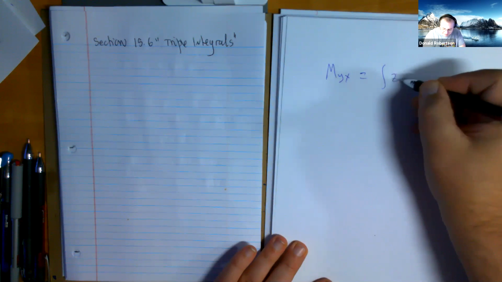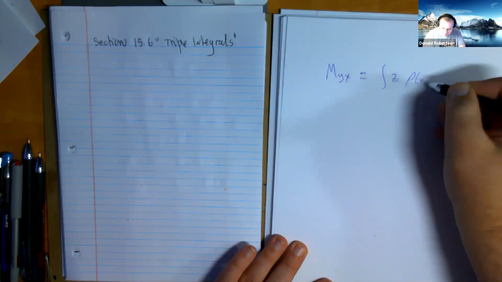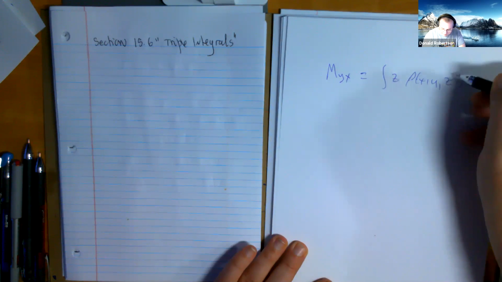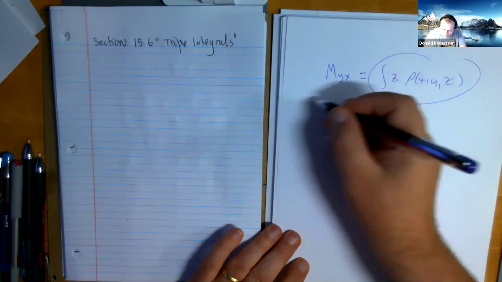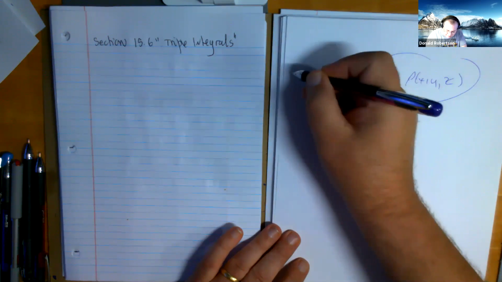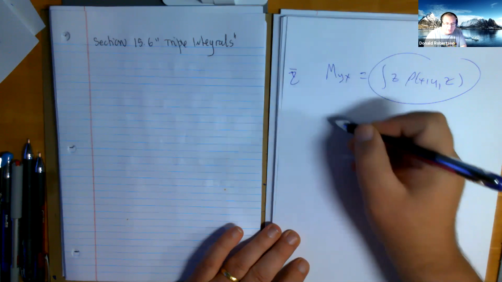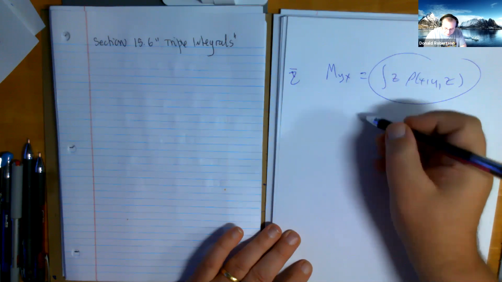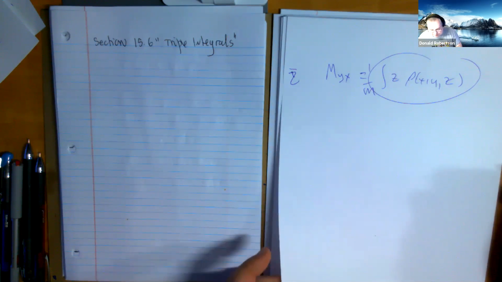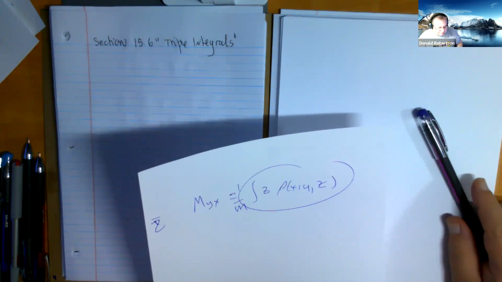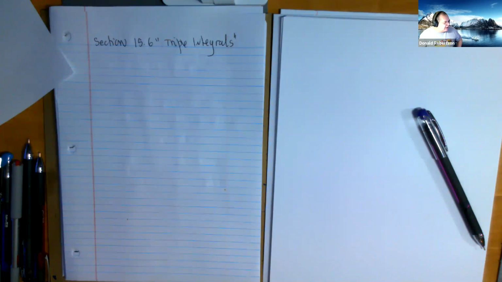He's the guy that has the z density function going on. So it looks to me like that guy is basically just another way of saying the z bar part before you stick the 1 over m on it. I don't know if that's true or not, but maybe it is, maybe it isn't.